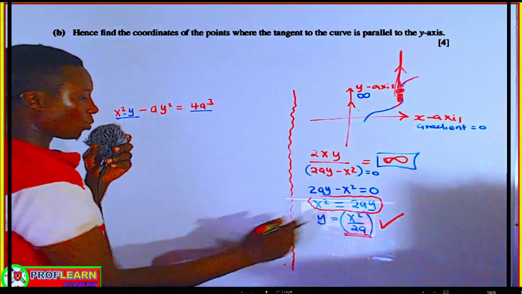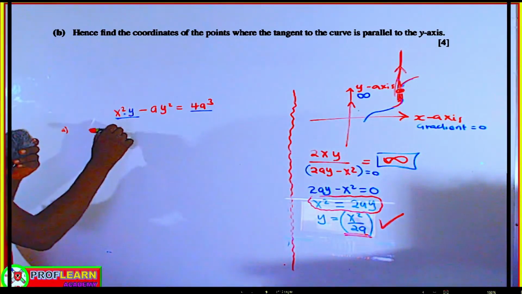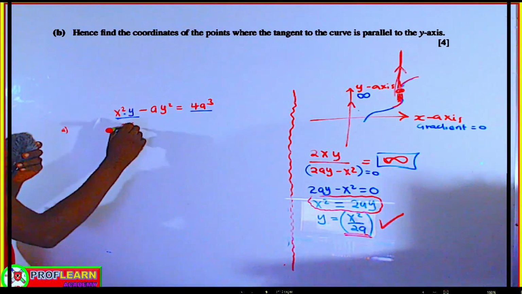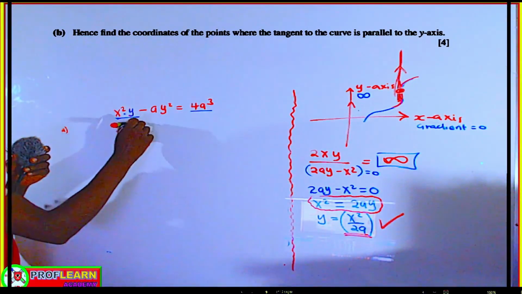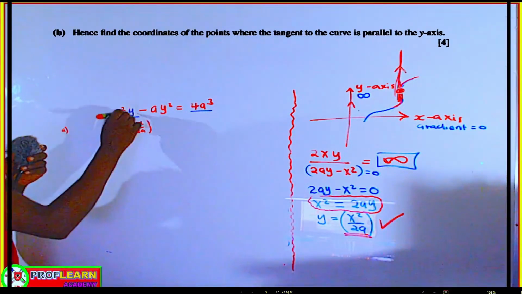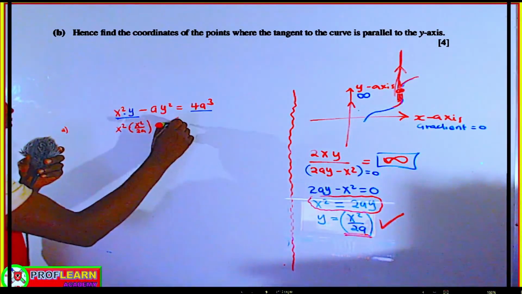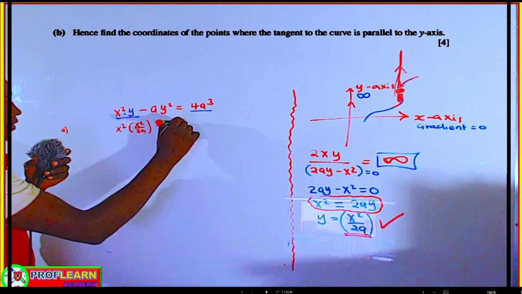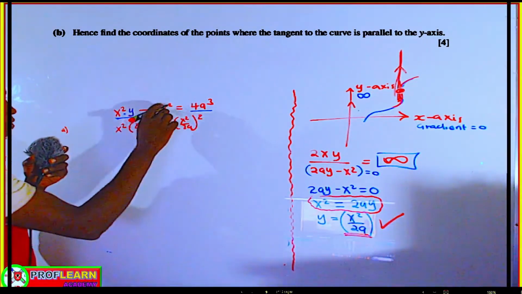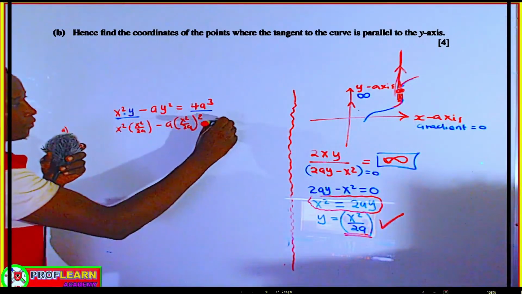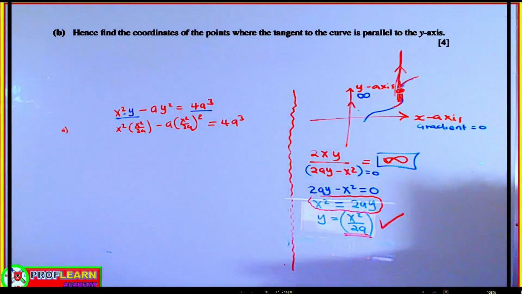So here we are having x squared, and then this is going to be x squared over 2a, because y is x squared over 2a, minus a into x squared over 2a, but that is actually squared because y is squared here, is equal to 4a cubed. Let's see what we are going to get at this given point.